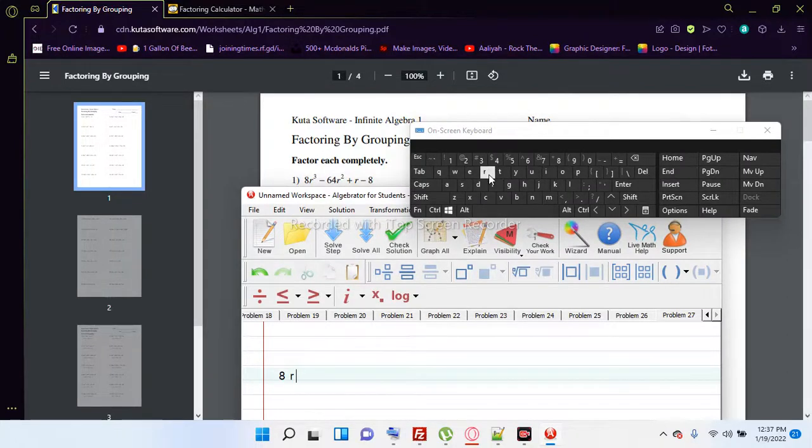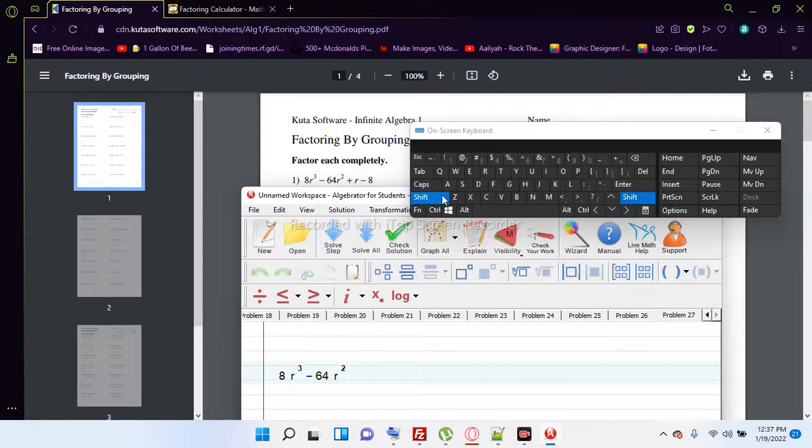Follow me: 8R, shift, 6 key, to the third power. What you have to do is double click in the front, minus 64R, shift and the 6 key to the second power, plus. You have to double click in front, otherwise the math is going to come out wrong.